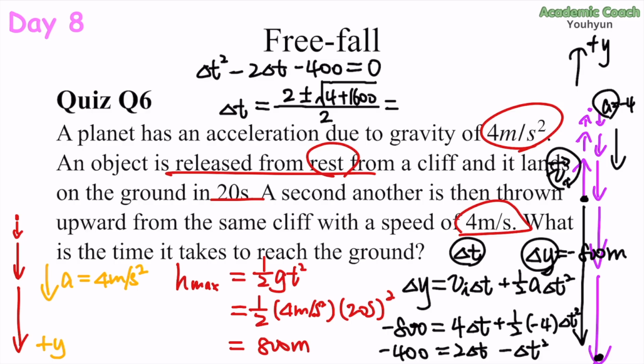Since delta t cannot be a negative value, I can only take 2 plus square root of 1604. So delta t comes out as 21.0 seconds. That's the amount of time it takes for the second object to eventually reach the ground.